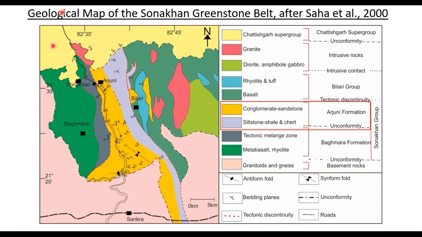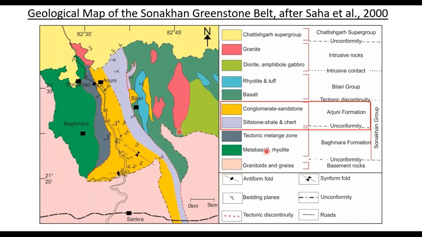This is the modified map of the Sonakhan Greenstone Belt after SAR till 2000, where the granitoid and gneiss are occurring in the west, south, and east portions as the basement of the Sonakhan Greenstone Belt. The belt consists of two groups, Sonakhan Group and Bilari Group. Sonakhan Group is further divided into Bagmara Formation and the Arjuni Formation.